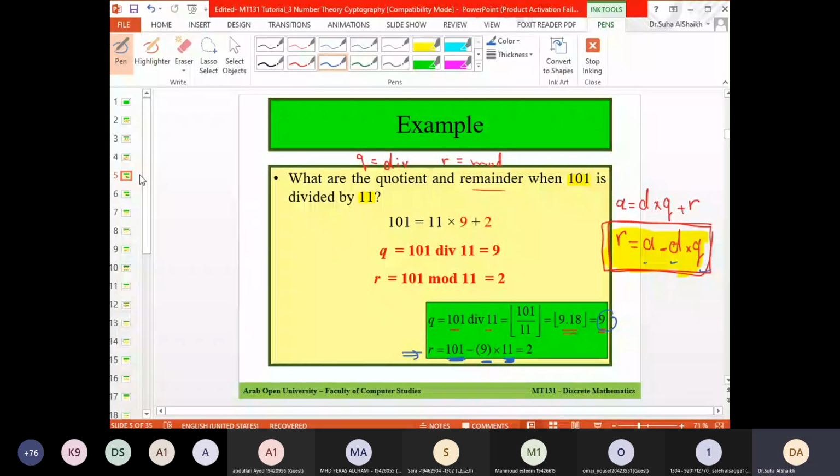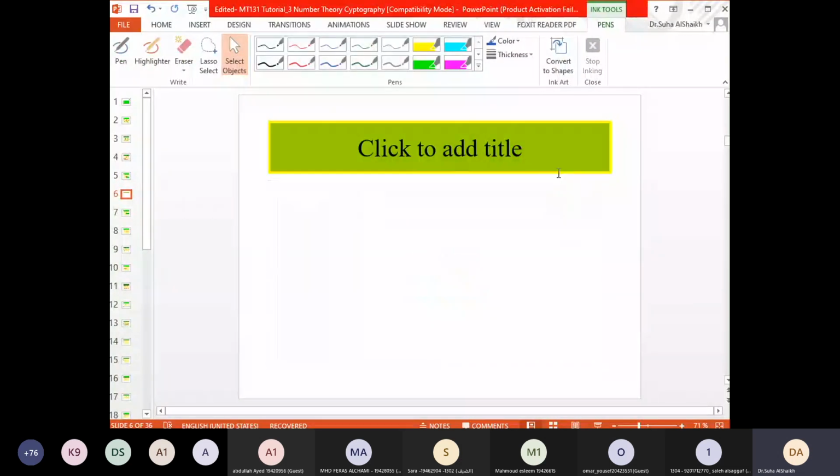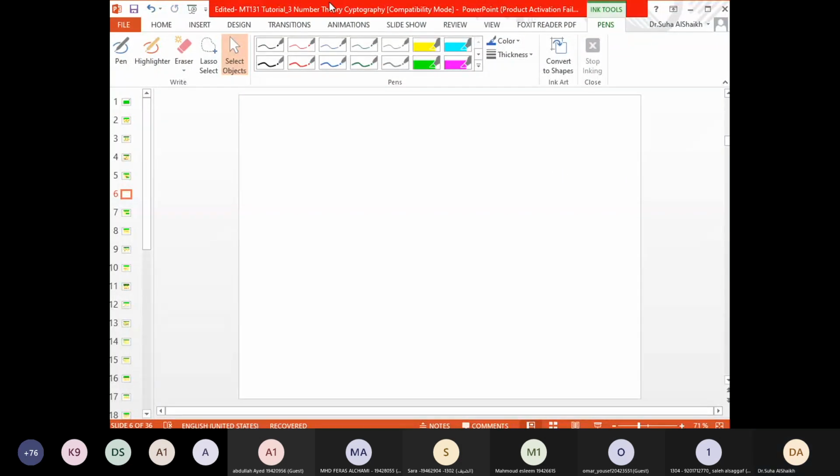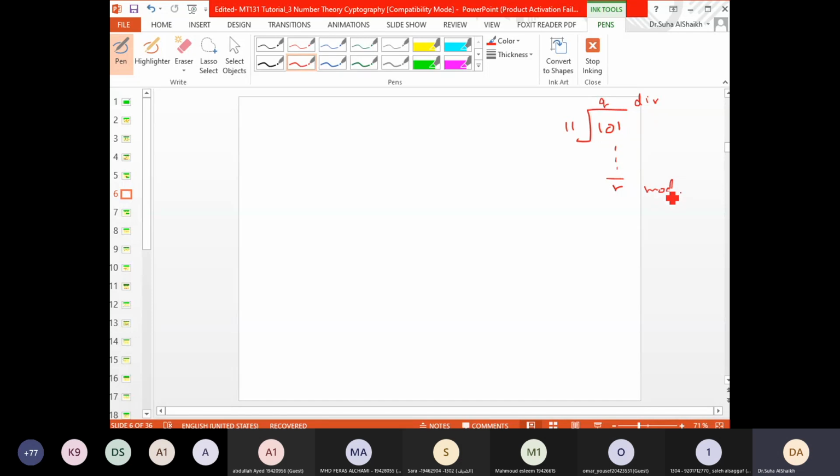Again, let me show you what happened, what we did here. Simply, I have 101 and I'm dividing it by 11. I want the quotient and I want the remainder. The quotient we call div and the remainder we call mod.